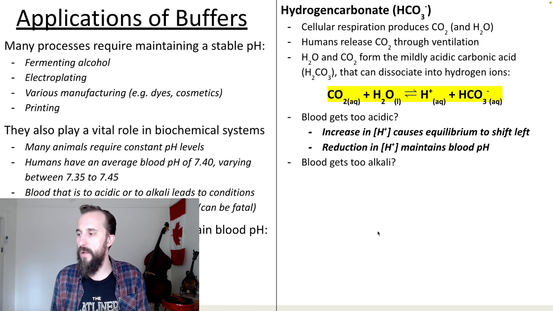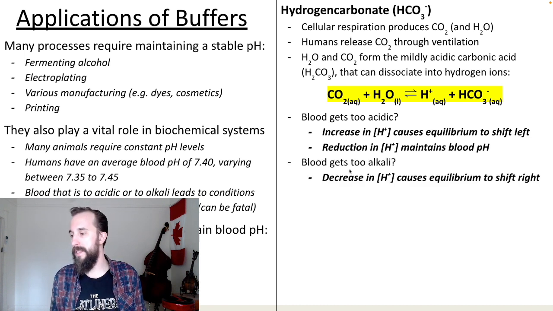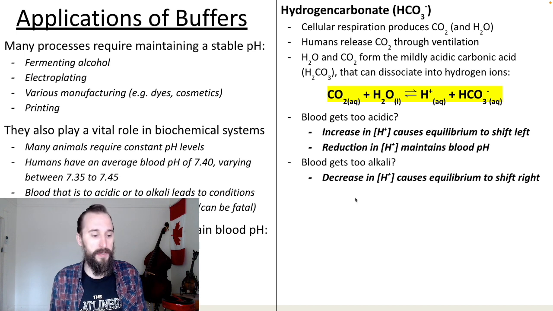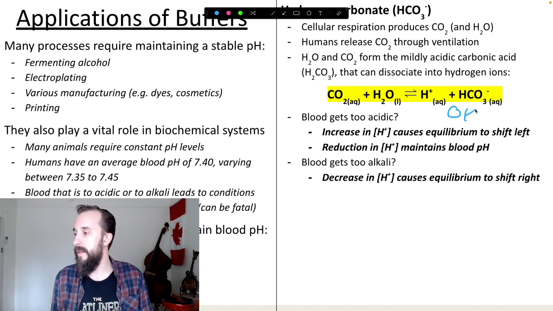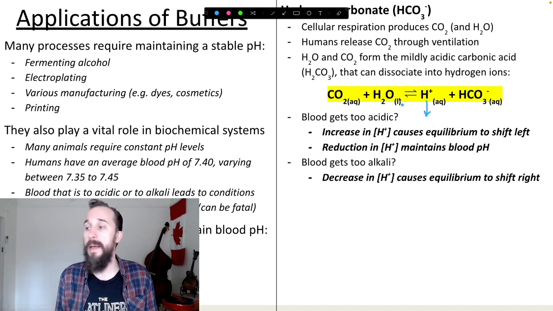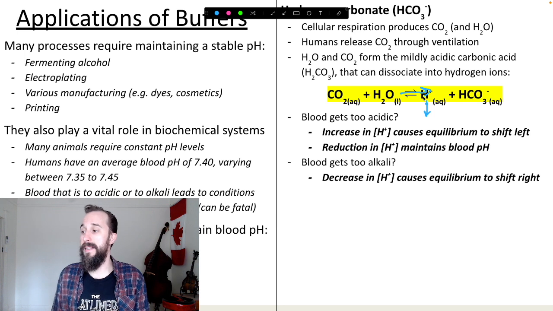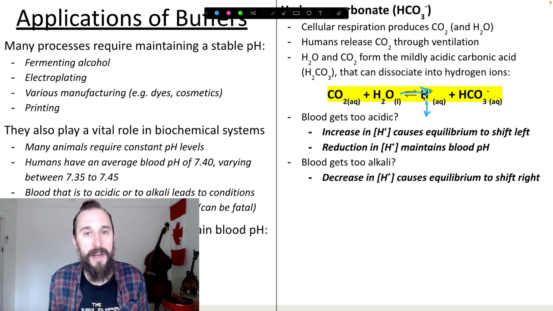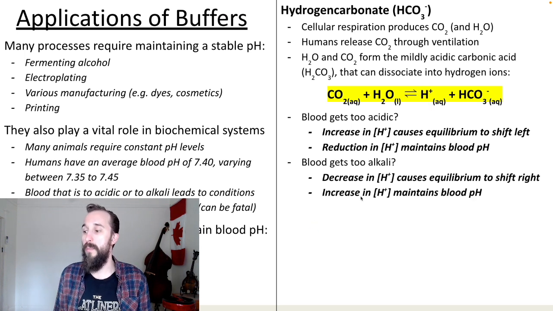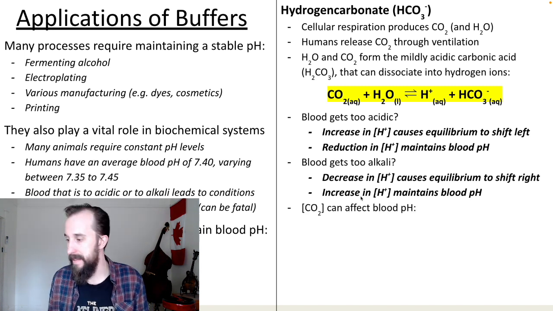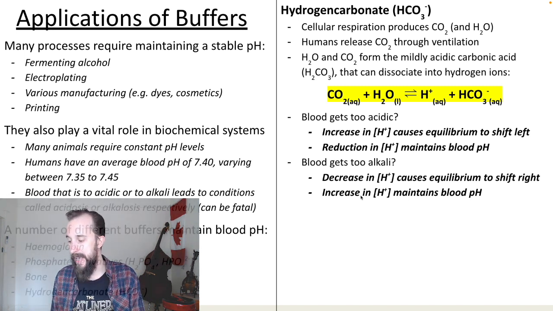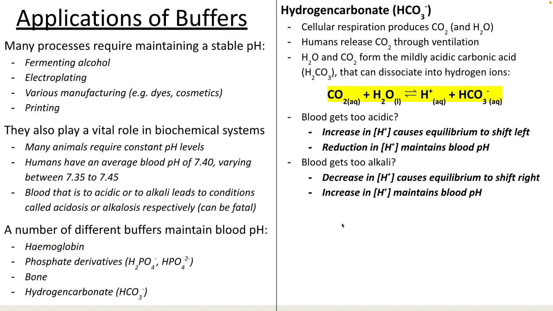What about if our blood gets too alkali? Well, the opposite. It's going to decrease the H+. As we've been saying, with too much alkali, adding OH-, they can react, the H+ decreases, but this equilibrium can shift to the right-hand side, and that's going to increase the hydrogen ion concentration once again, and we're going to maintain the pH, acting as a buffer there.